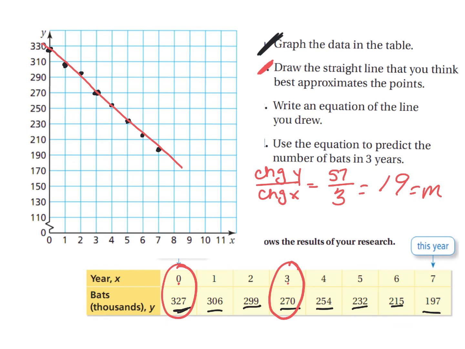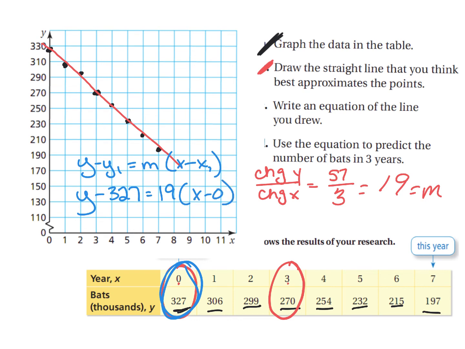So now let's go ahead and put it into point slope form. y minus y1 equals m times x minus x1. So y minus, and again, I'm going to use the 0 just because that is nice and easy, 327. Our slope is 19 times x minus 0.